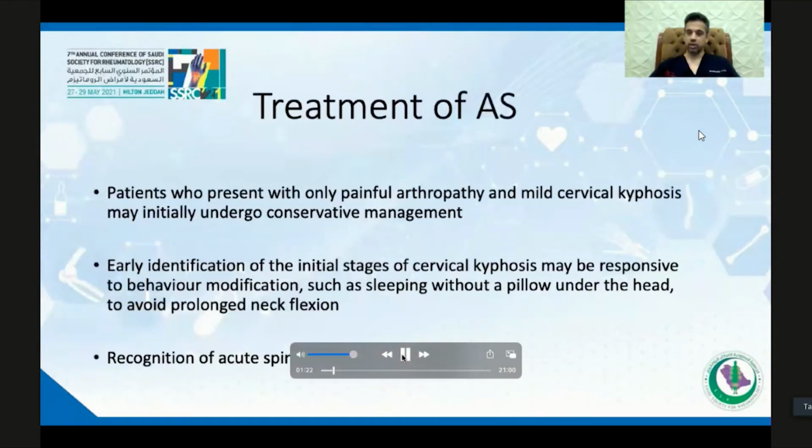The treatment of ankylosing spondylitis focuses mainly on identifying the disease and instituting the treatment to arrest the progression and the activity of the disease.